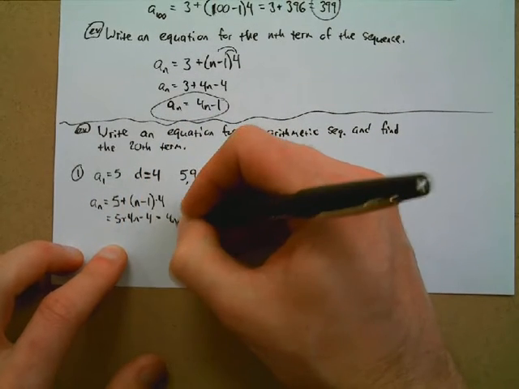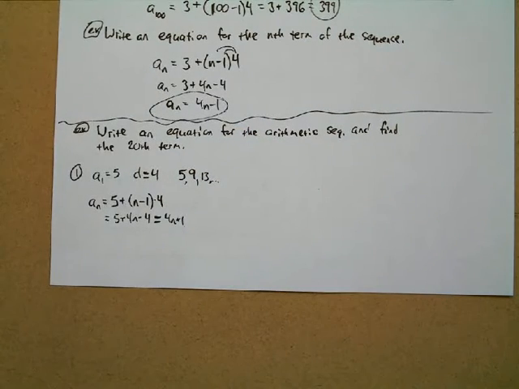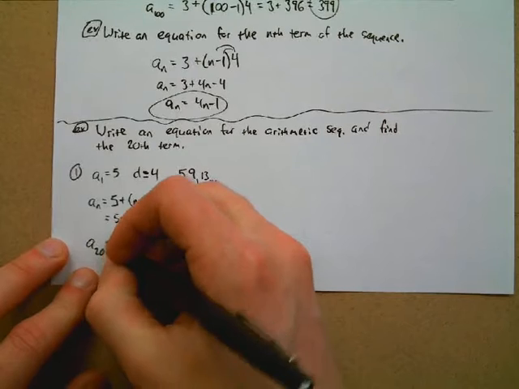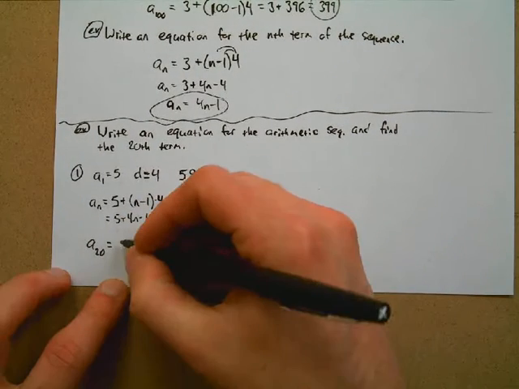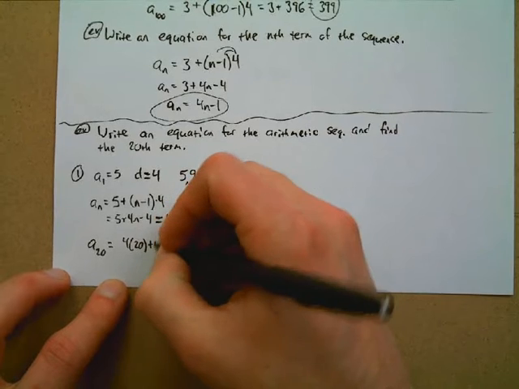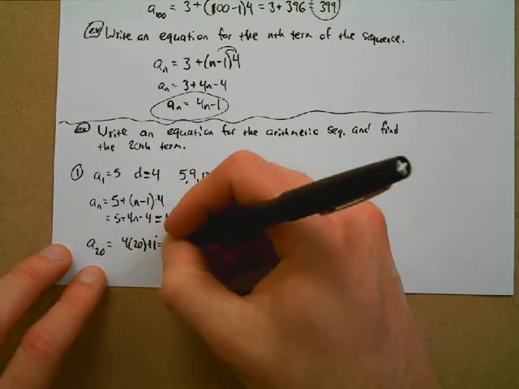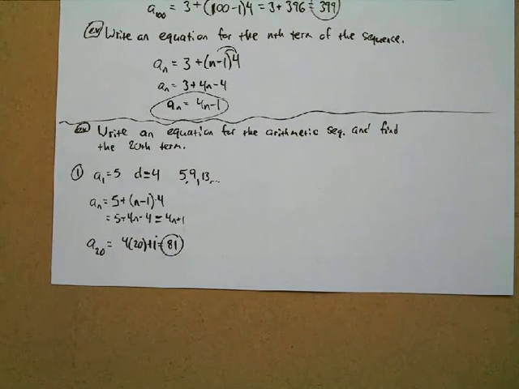It's going to be 81. And there's our equation. I'll accept either one. If you wanted to leave it unsimplified, that's fine. It is helpful to simplify, but either one's fine.